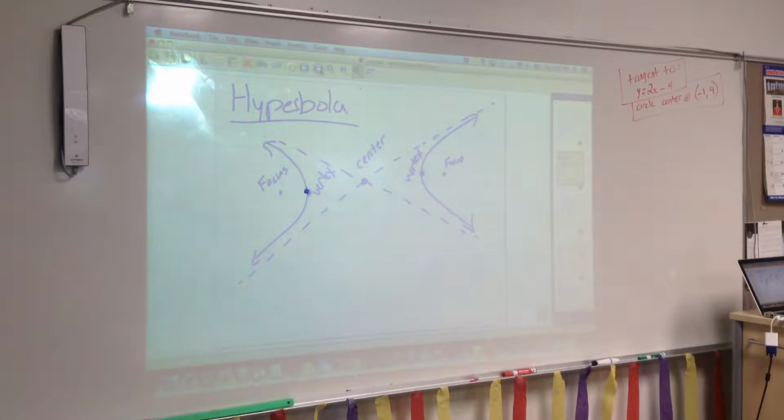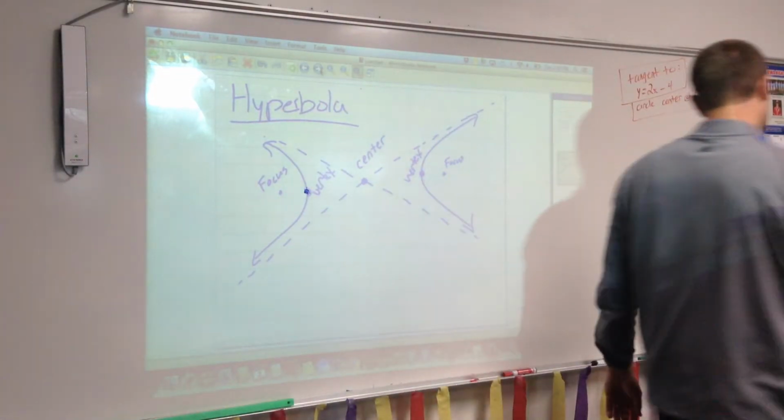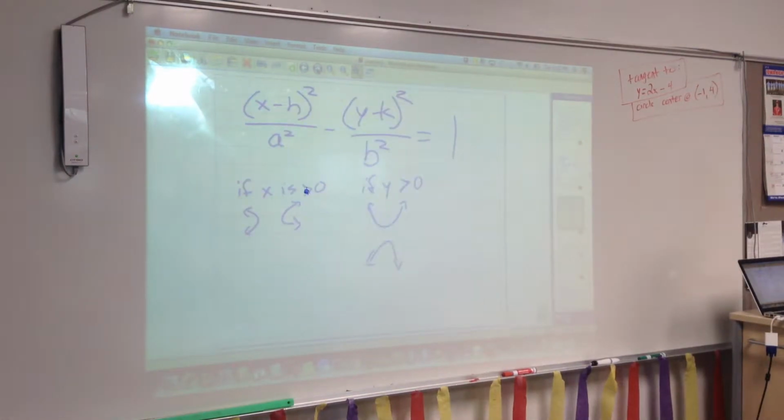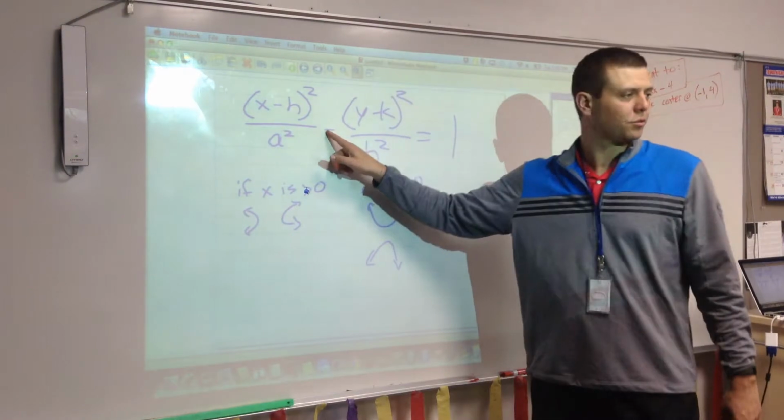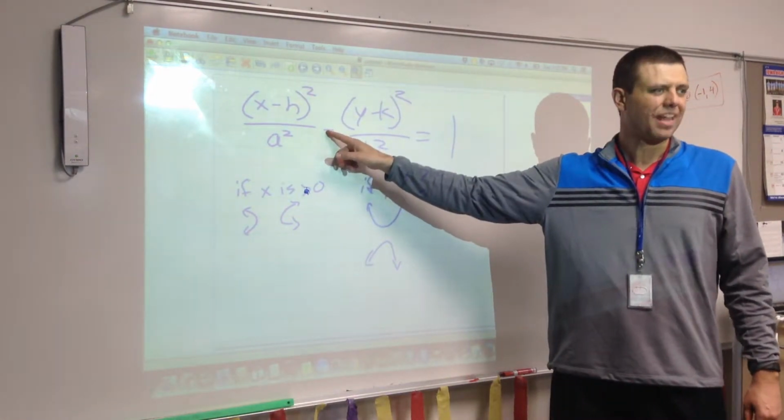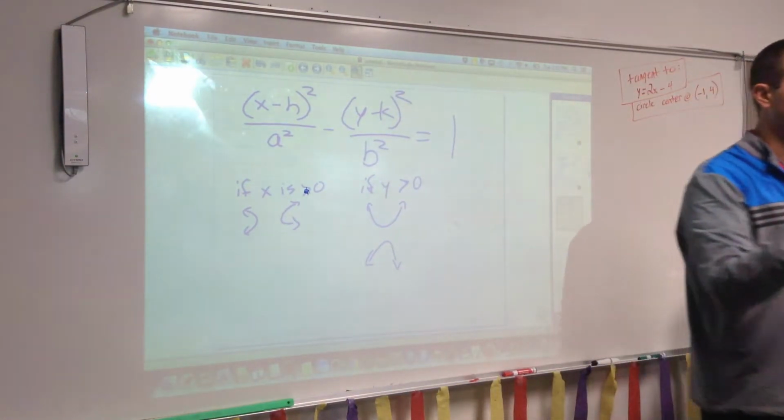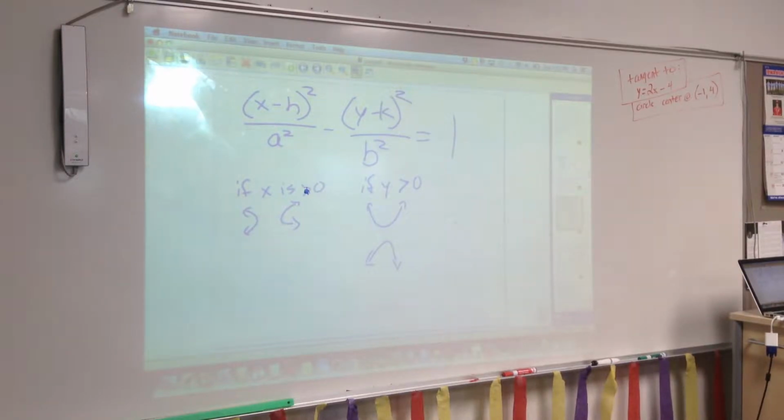It is very much like the ellipse as far as the equation is concerned. You'll notice it's very much alike, but instead of a plus, we have a minus. That's how you can tell it'll be a hyperbola and not an ellipse, because everything else is the same.